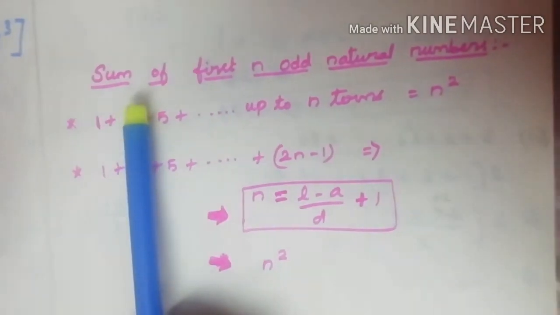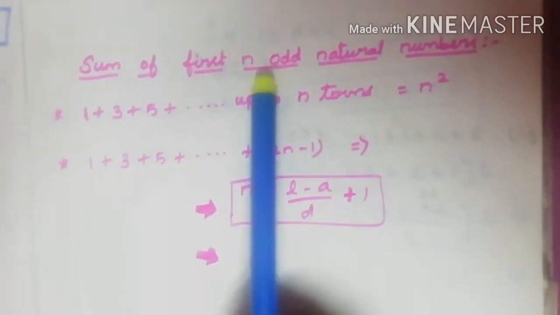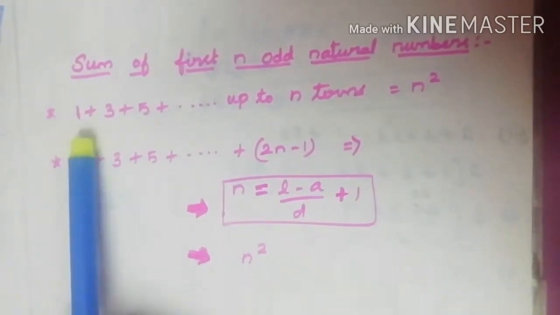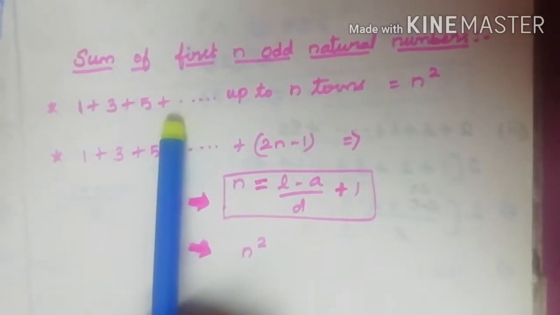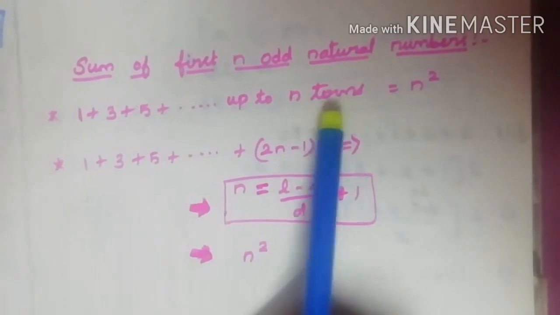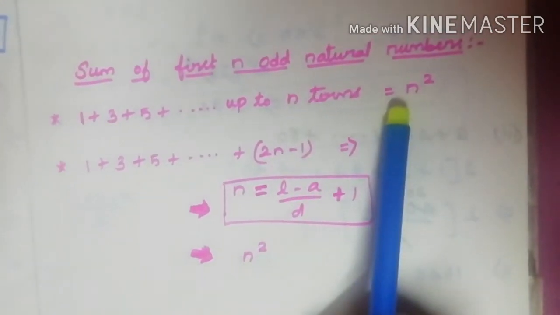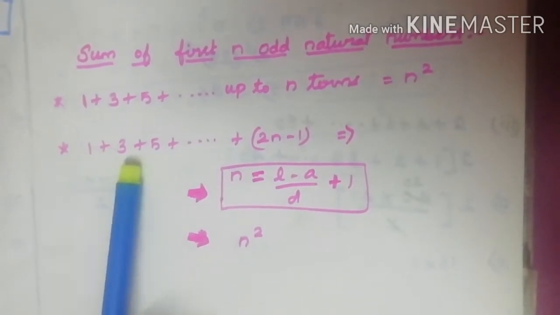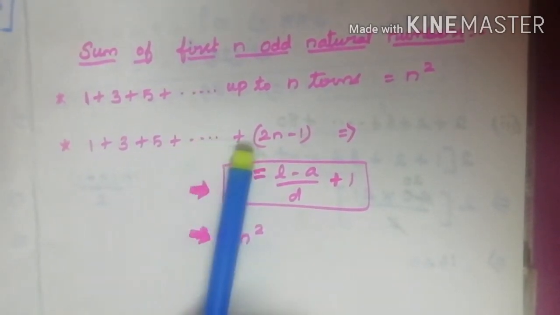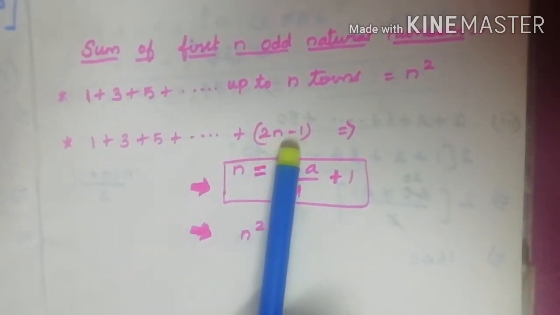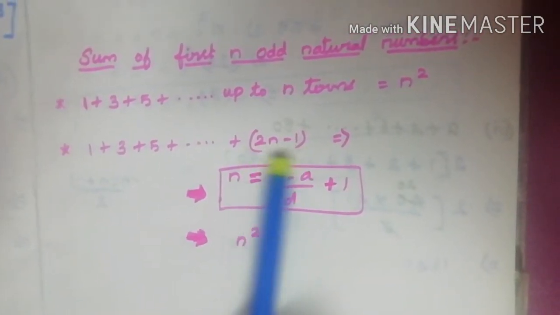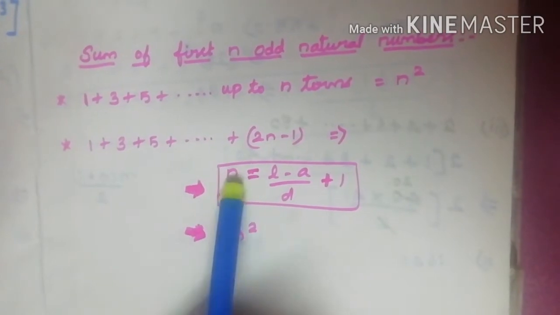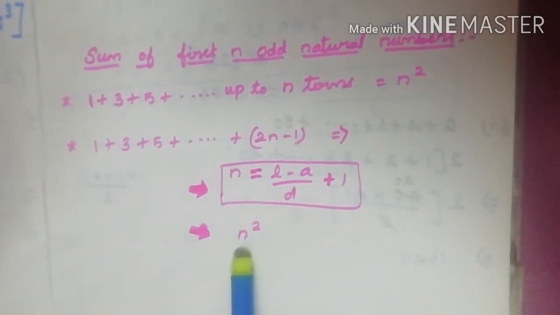Here, the sum of the first n odd natural numbers. Let me see one of the formulas. Here 1 plus 3 plus 5 plus up to n terms, the formula is n square. Next, 1 plus 3 plus 5 plus etc. up to 2n minus 1, that is, when the last term is given, we have two steps: first we find n, and then n square.